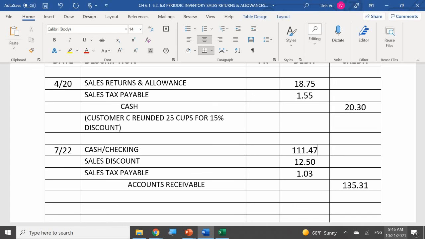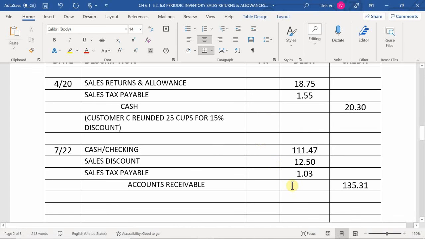It's not 112. It's not 111. 122. 122 is a rough estimate. $121.78.